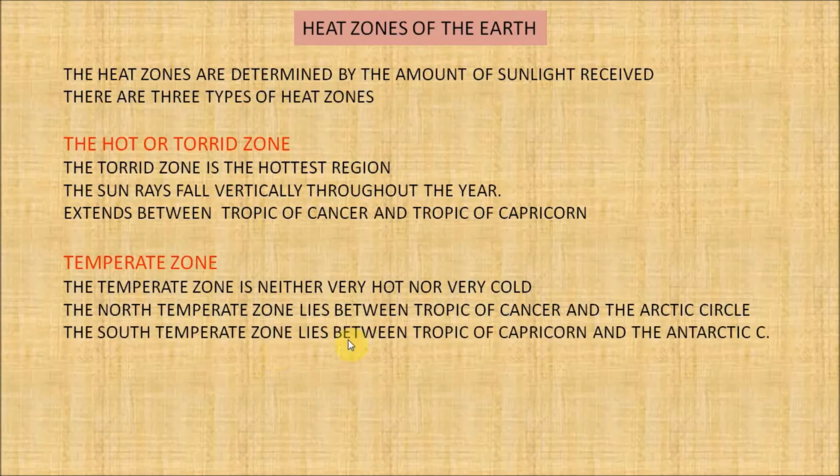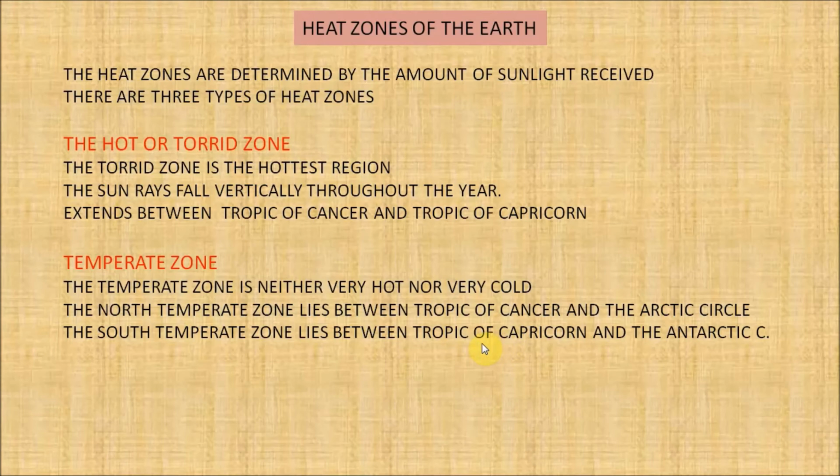The south temperate zone lies between the Tropic of Capricorn, that is 23.5 degrees south, and the Antarctic Circle, 66.5 degrees south in the southern hemisphere.